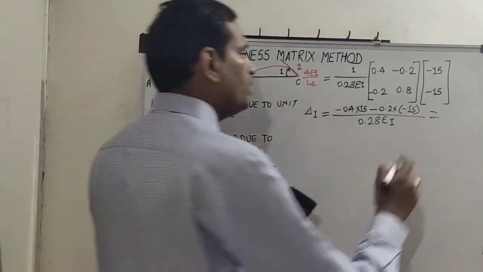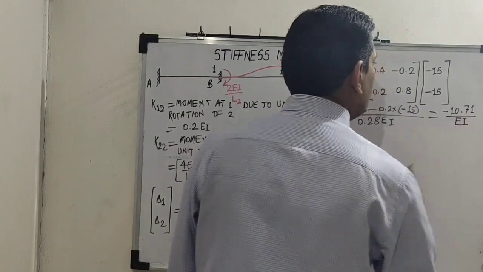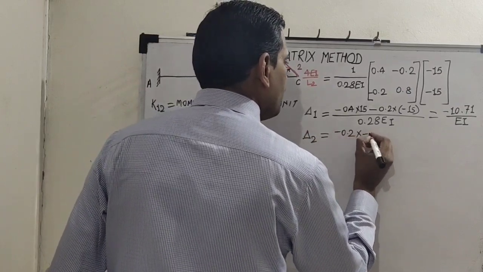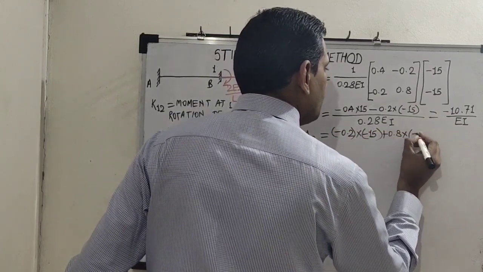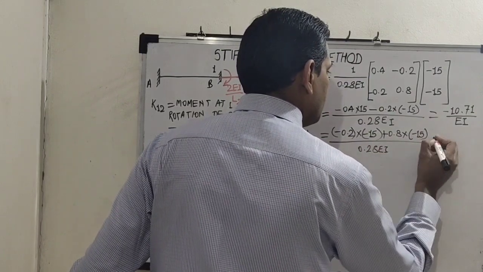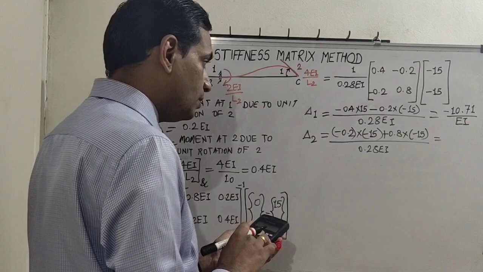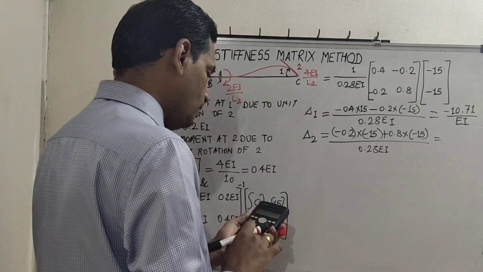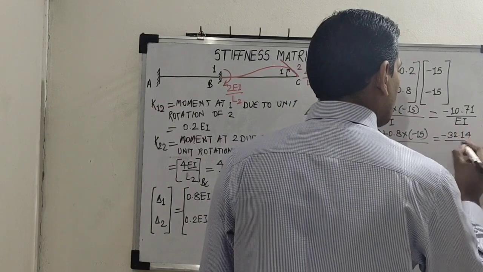So the answer is minus 10.71 upon EI. And delta 2: minus 0.2 into minus 15 plus 0.8 into minus 15 divided by 0.28 EI. So let us calculate 0.2 into 15 minus 0.8 into 15 upon 0.28. So the answer is minus 32.14 upon EI.